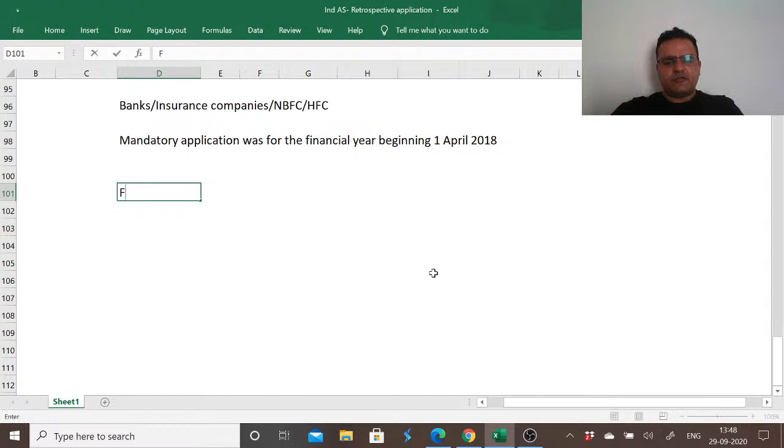If it is applicable from the financial year beginning 1st April 2018-19, that means the first balance sheet of 31st March 2019 was supposed to be published based on Ind AS.